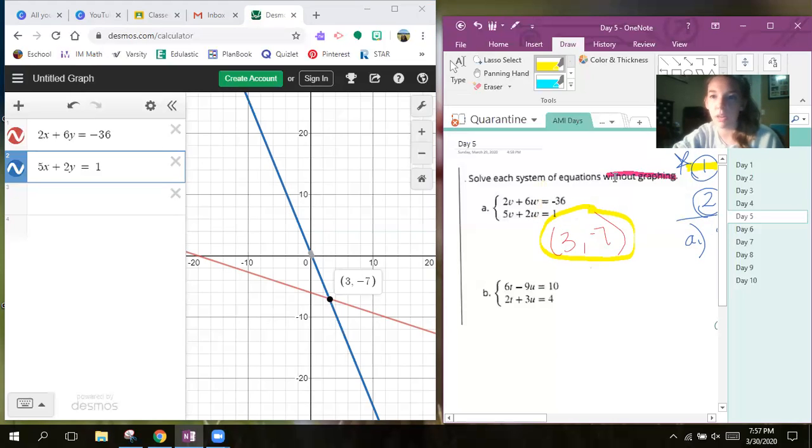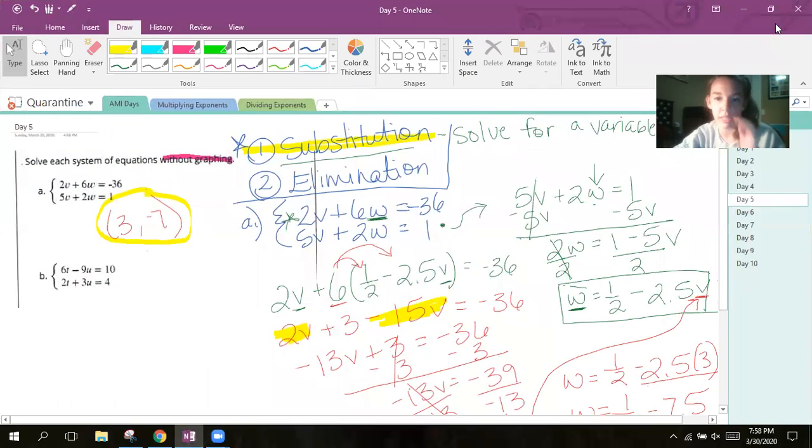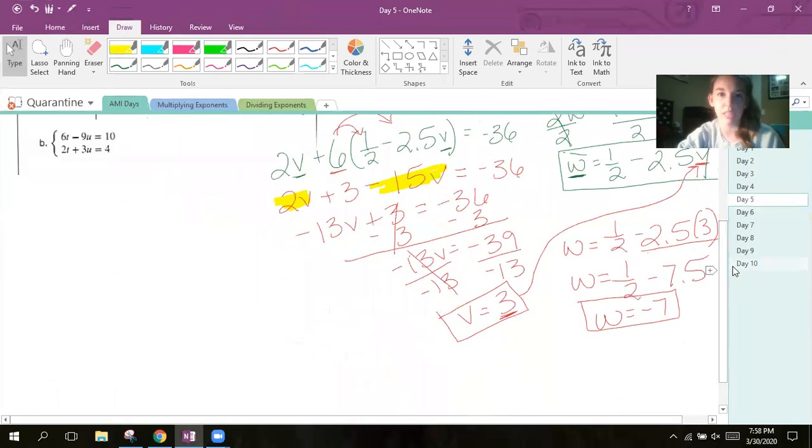So let's do the next one and solve it by substitution as well, just so you can see all of those steps again, and maybe you'll start being able to pick up on what those next steps are.